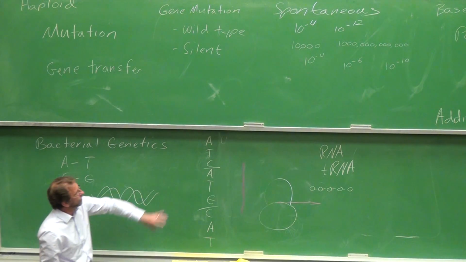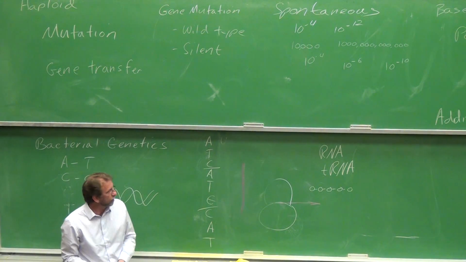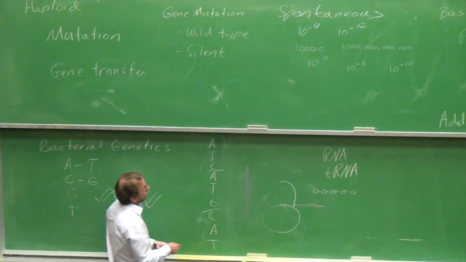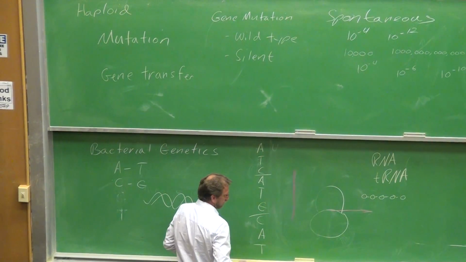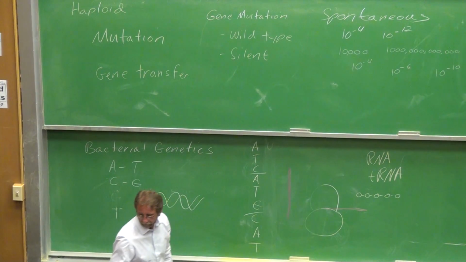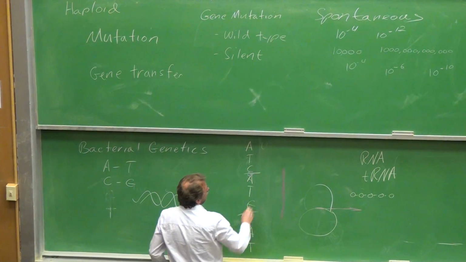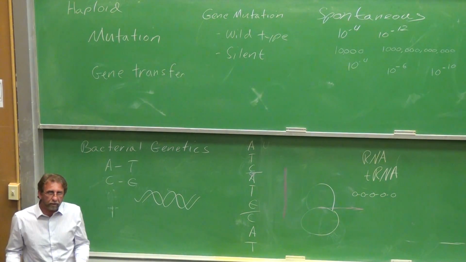Okay, so now I've got 3 nucleotides here. If an addition occurred right here, we put a G right in here, look what that does to our sequence now.